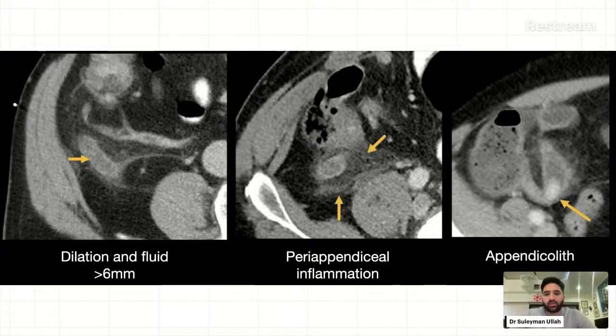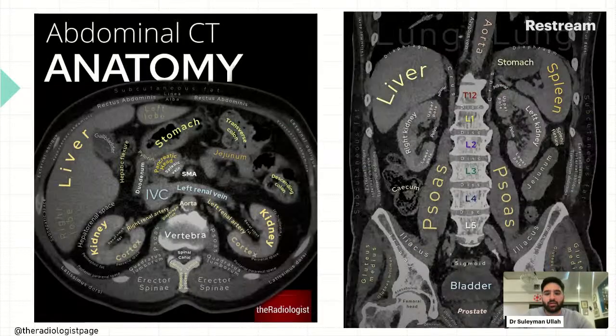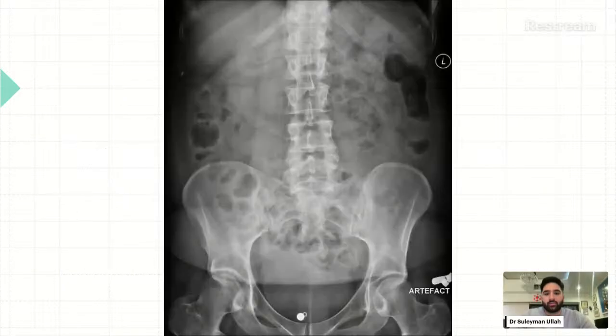You can see a lot of fluid, which will go down the right paracolic gutter. If we go back to our anatomy picture, on the rightmost picture where it says cecum, instead of it being black around the cecum, you would see a more hyperdense color, similar to the color of where it says psoas, which would suggest the presence of fluid.